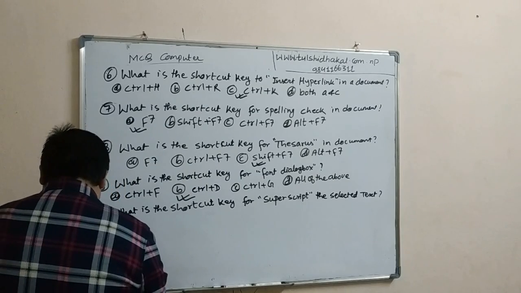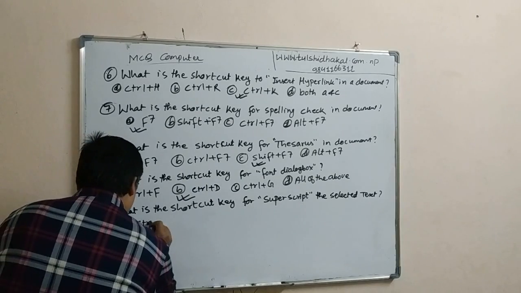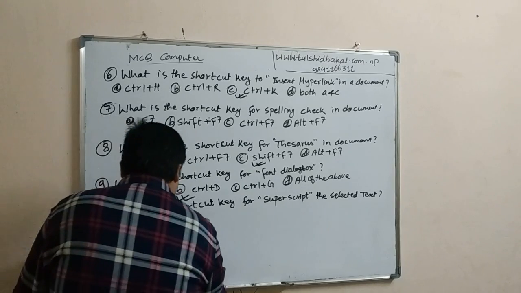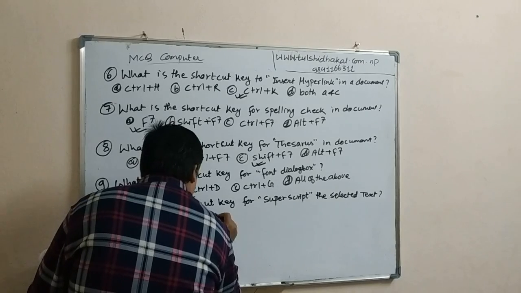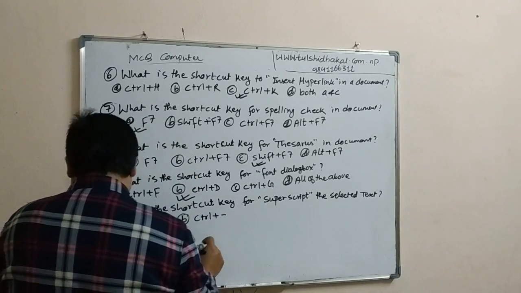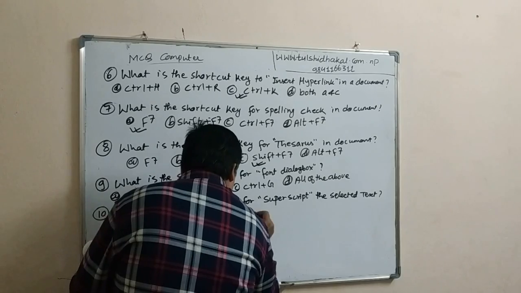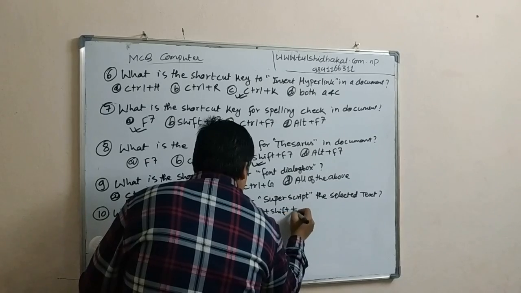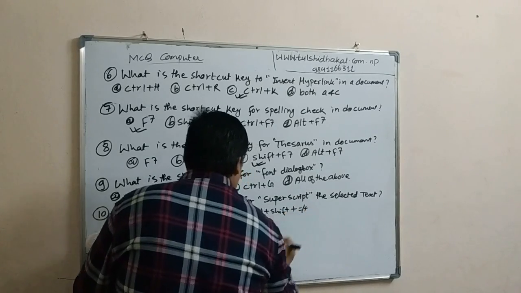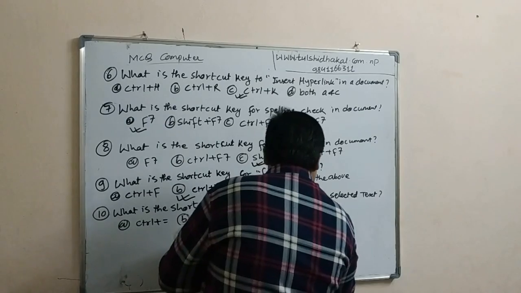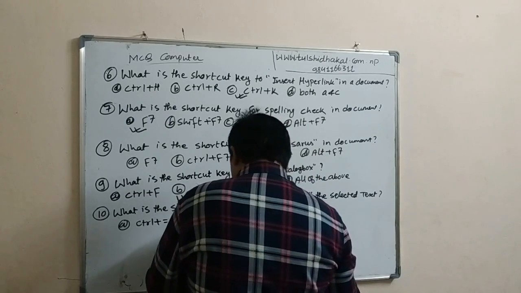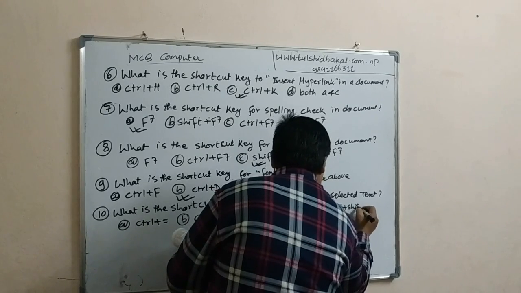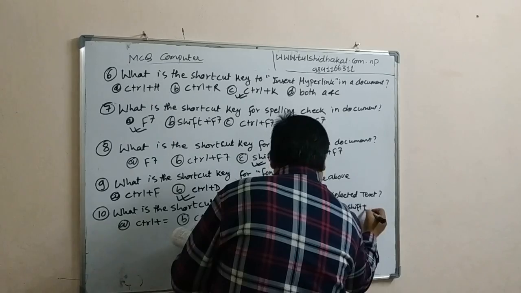Option number A, Control plus equal sign. Option number B, Control plus minus sign. Option number C, Control plus Shift plus equal or plus sign. Option number D, Control plus Shift plus minus.